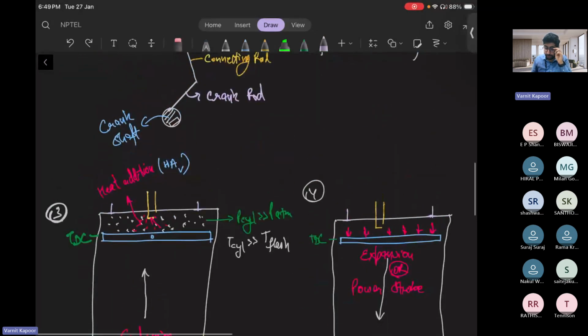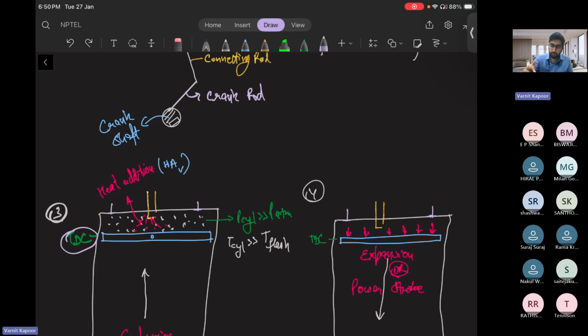One student mentioned that there is a clearance volume, and that combustion happens between the clearance volume and the top of the piston. So why am I making the top dead center not here but here with some gap? Someone asked if any port will open at that time.